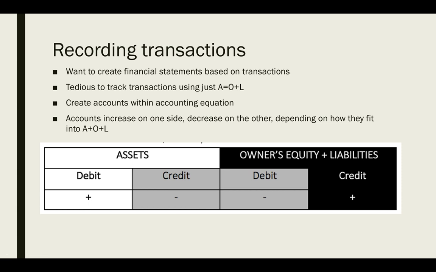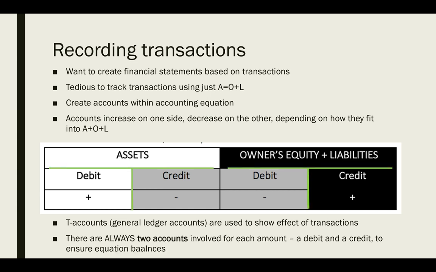And if you keep in mind your Smarties and your Jelly Tots, you should easily be able to see how it all fits in. So the T accounts or general ledger accounts are actually going to be used to show the effect of the transactions. And the reason we call them T accounts is because they actually look like a little T with our debits on the left and our credits on the right.